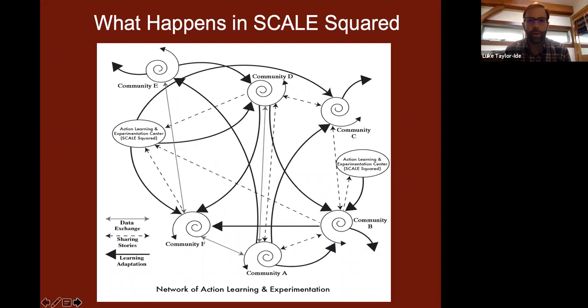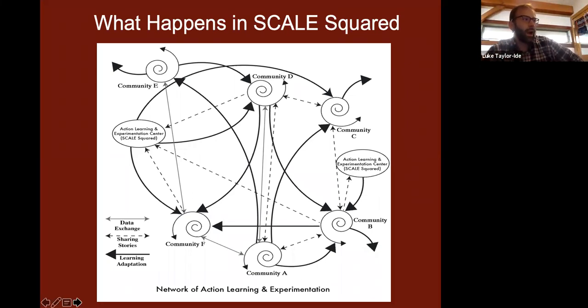In seed scale, we like to use other analogies, things like bamboo or an aspen grove, whereas it really is a root network of its own. And that's different from the other natural analogy, which is the spider plant. And the spider plant is closer to a scale squared center, where it is incubating, it is training.